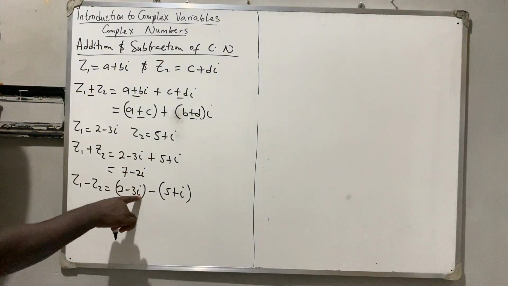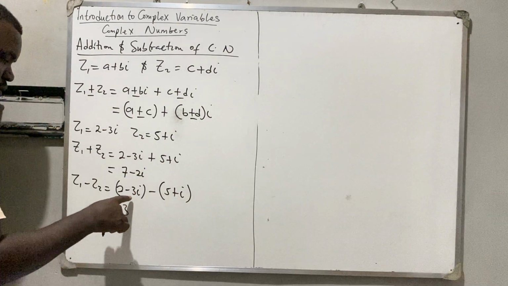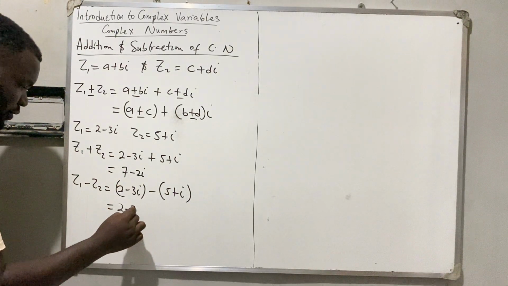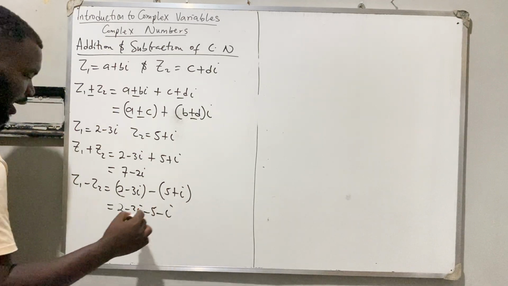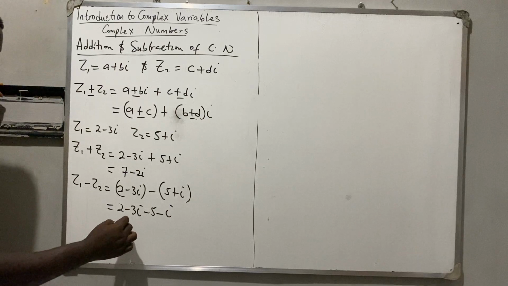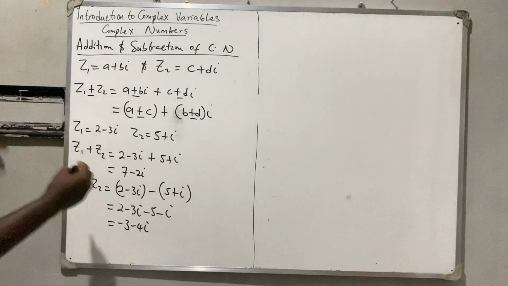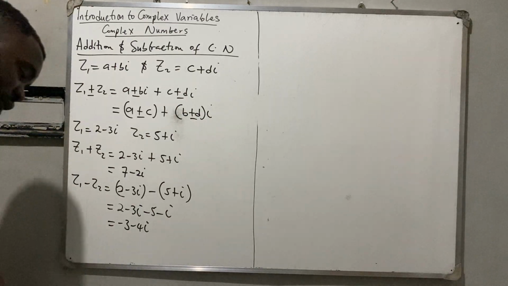Then minus 3i minus i, because minus plus is minus. Or the best thing is even to open the bracket. So you have 2 minus 3i. This time this will give you minus 5, this time this will give you minus i. So 2 minus 5 will give you minus 3, and minus 3 minus 1 will give you minus 4i. Okay, so that is basically how to add and subtract complex numbers.